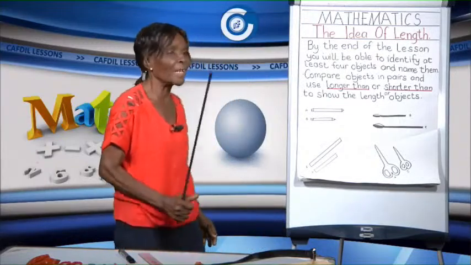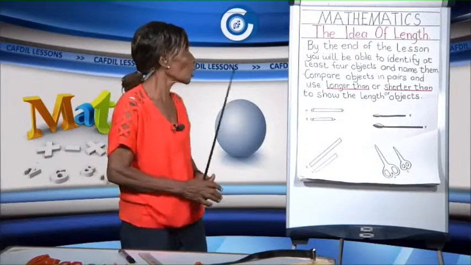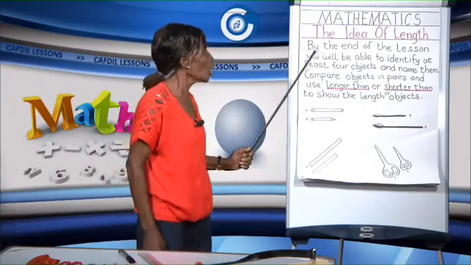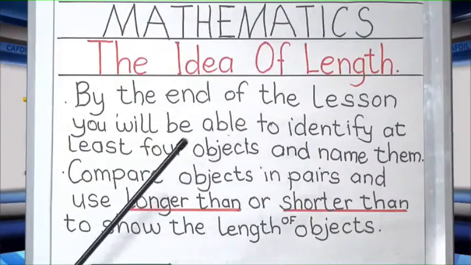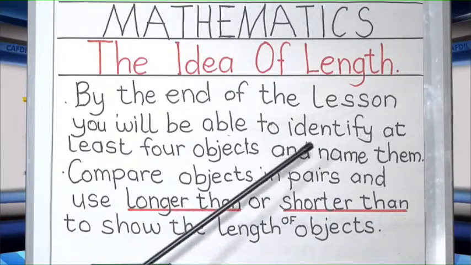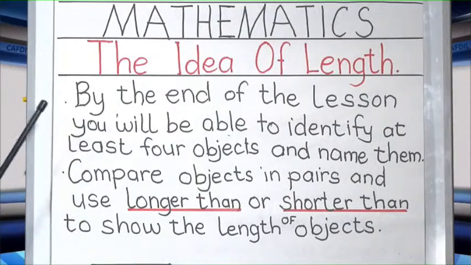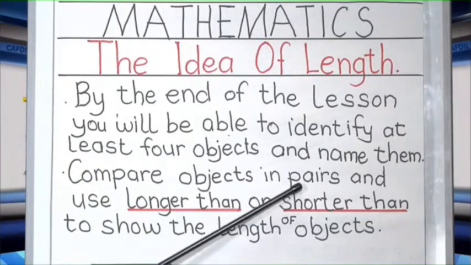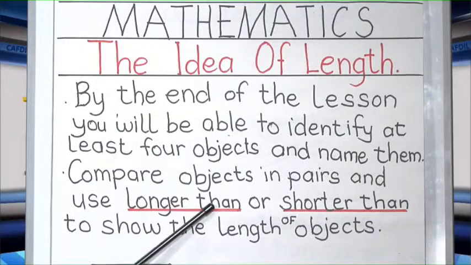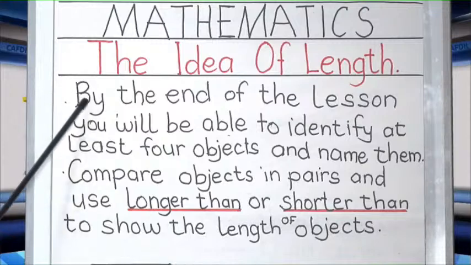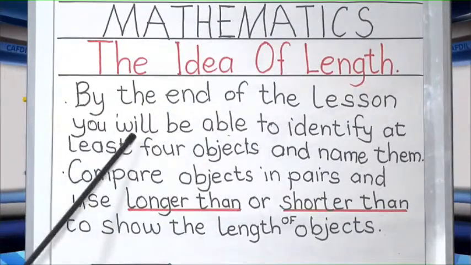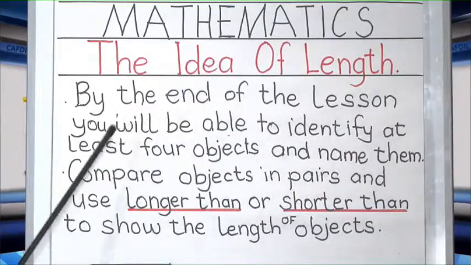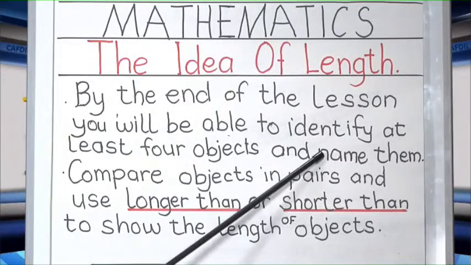Our objective says, by the end of the lesson, you will be able to identify at least 4 objects and name them.